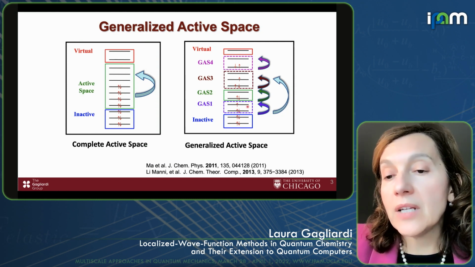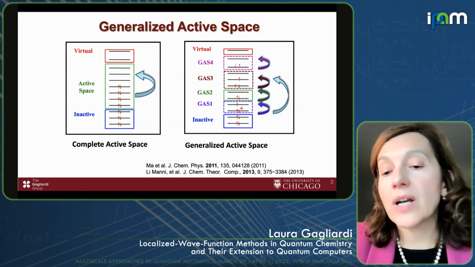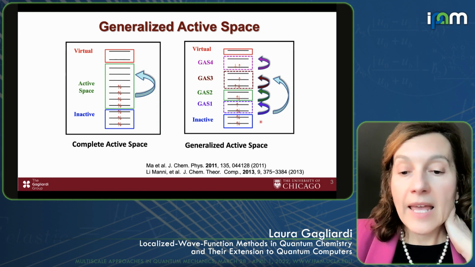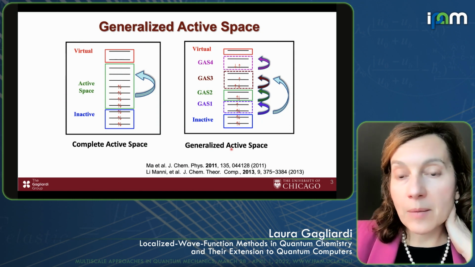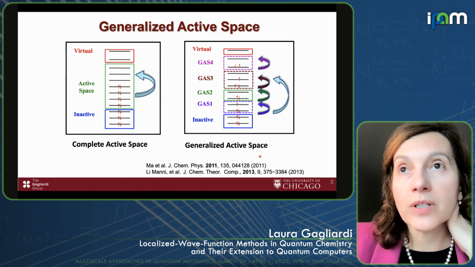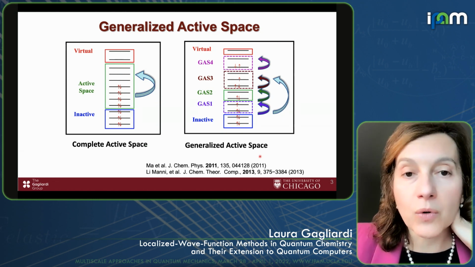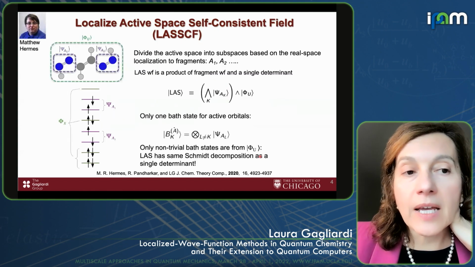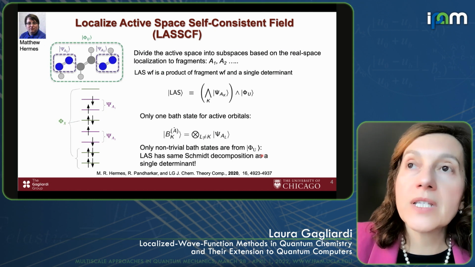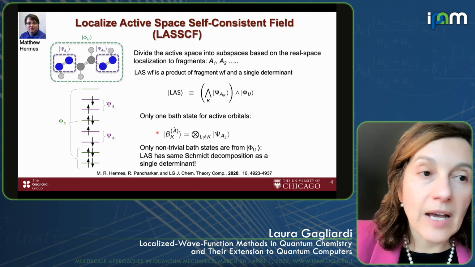So there can be intra-box, intra-active space excitations, or inter. This is, for example, the generalized active space concept also used in the ORMAS method developed by Mark Gordon and co-workers.